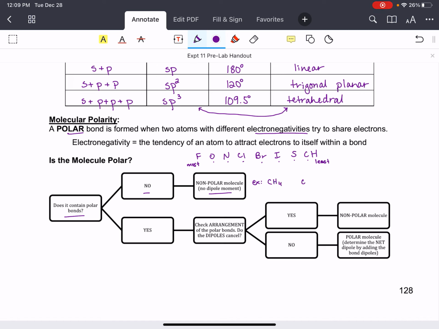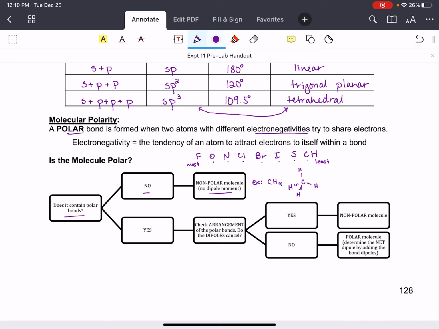So when we draw this molecule, carbon and hydrogen have pretty much the same electronegativity, and so we wouldn't even draw a polarity arrow because their electronegativities are very similar, and all of the H's, we would not have a dipole moment and the molecule wouldn't be polar.